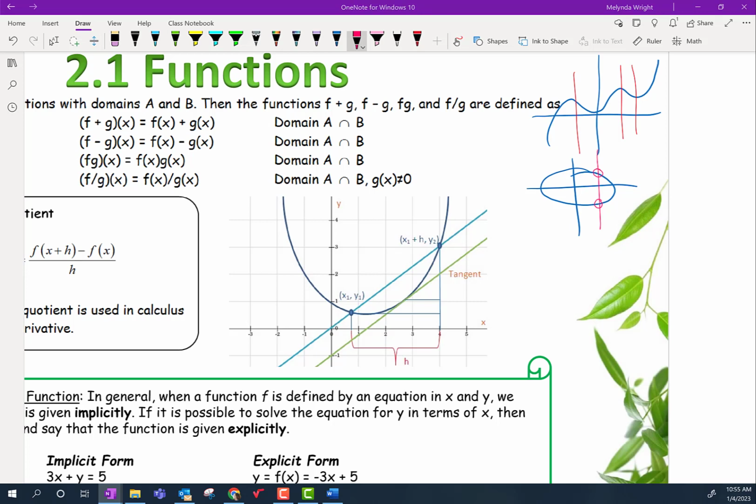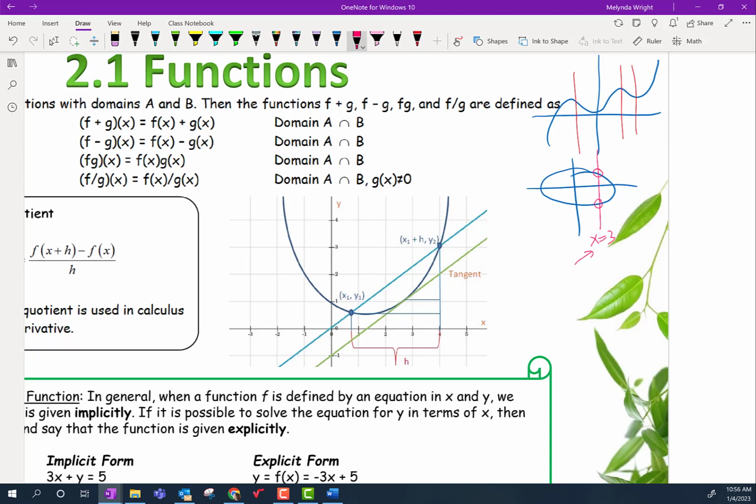So let's think about it in different terms as well. Instead of just whether it crosses or not, what about input versus output? Do you remember those words? If we don't have a graph of the relation or function, our input would be like, let's just pretend that's x, this location. Let's say that's x equals 3.